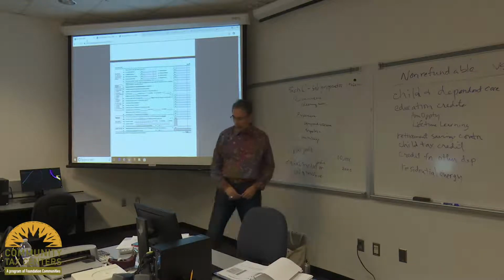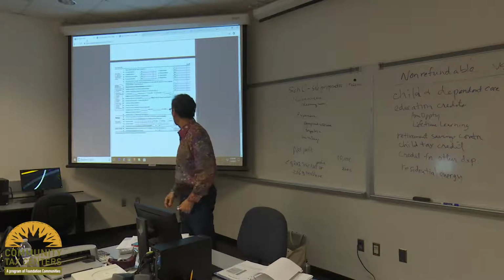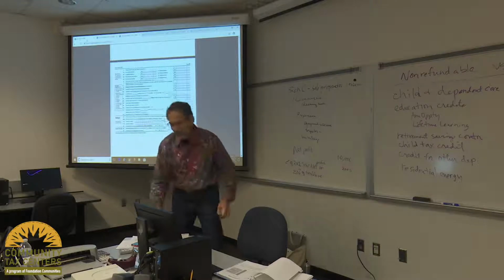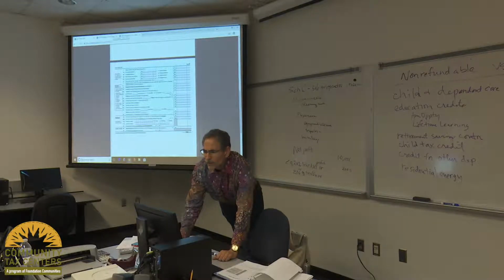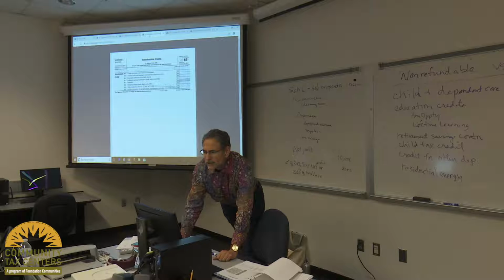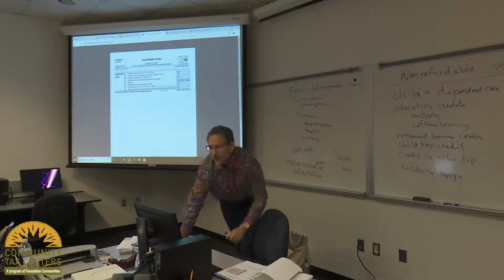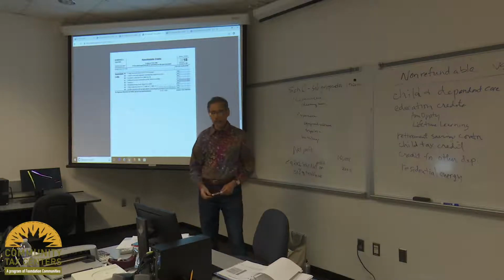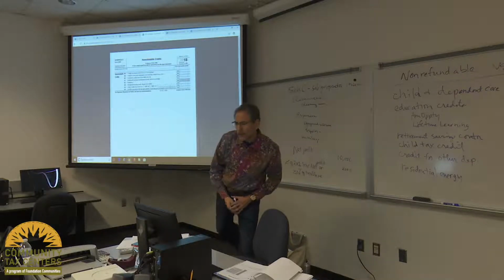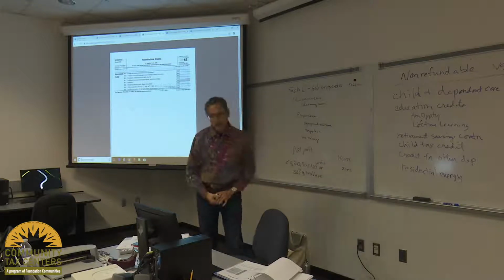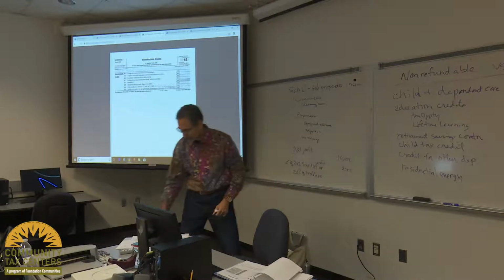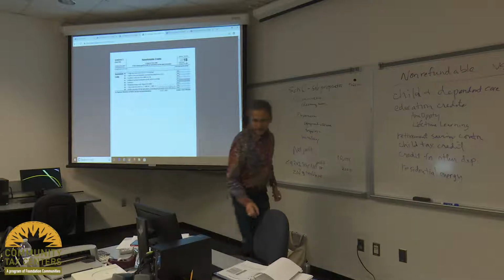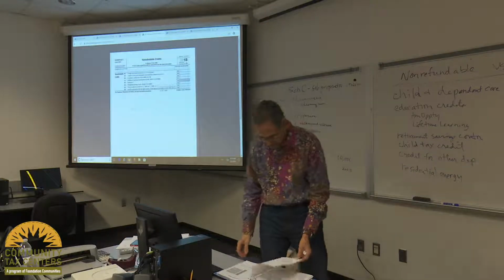So let's move into these. There's actually the Schedule 3, I believe it is. Let's see. Yeah, look there. Non-refundable credits. So this is the order I'm going to discuss these in. Education credit, yeah, pretty much got it. Cool. Okay. So let's get into our non-refundable credits.